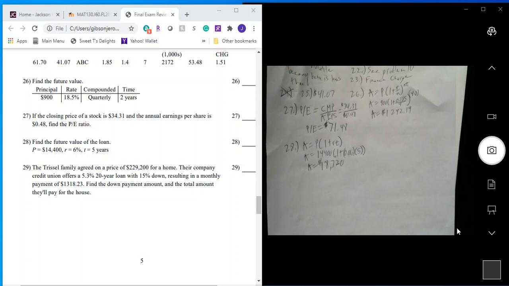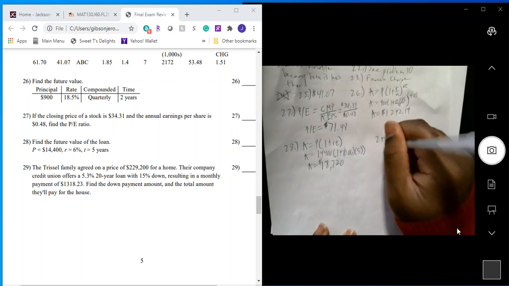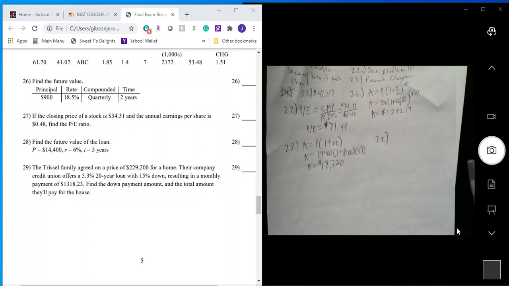All right, problem 29. It says the Trissel family agreed on a price of $229,200 for a home. Their company credit union offers a 5.3% 20-year loan with 15% down, resulting in a monthly payment of $1,318.23. Find the down payment amount and the total amount they'll pay for the house. Okay, first of all, the down payment.